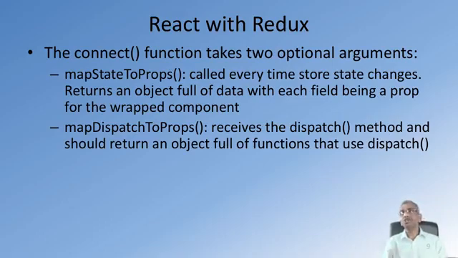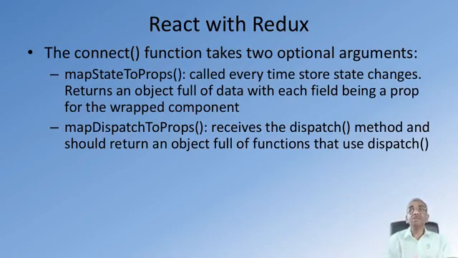The mapStateToProps is called every time a state changes. So as you recall, whenever the Redux store detects a state change, it will emit the change, and that will result in your component needing to go back and pull in the state from the Redux store. Because you're connecting your React component to the Redux store through connect, when you supply this mapStateToProps, the state here means the Redux state.